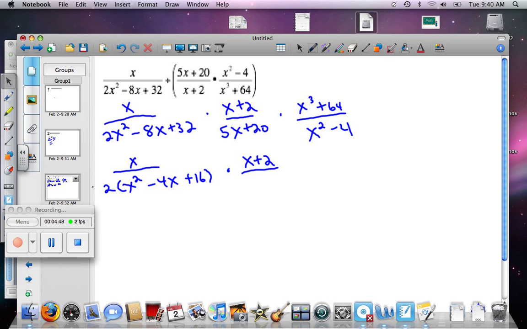5x plus 20 has a GCF of 5, so that leaves me x plus 4. And this one, remember, is a sum of cubes. To factor a sum of cubes, I take the cubic root of the first, the same sign, the cubic root of the last. Cubic root of 64 is 4, because 4 times 4 times 4 is 64.